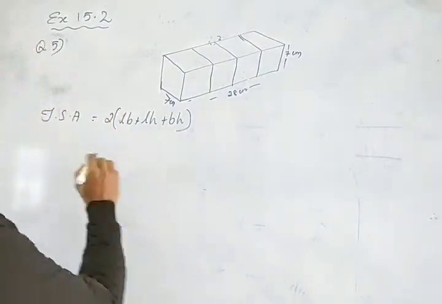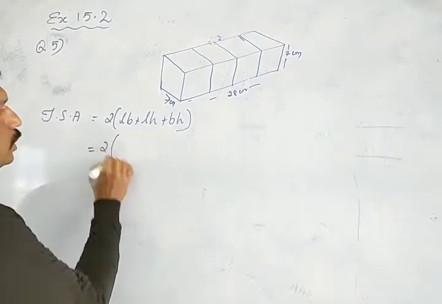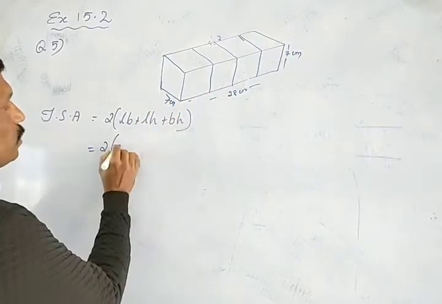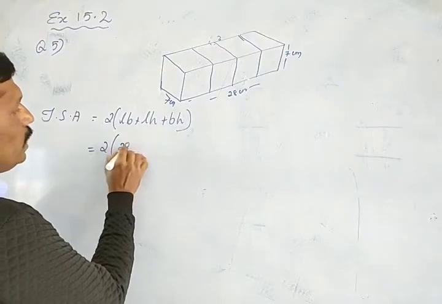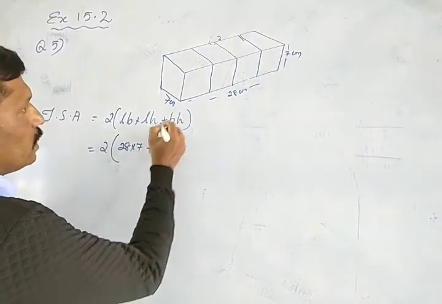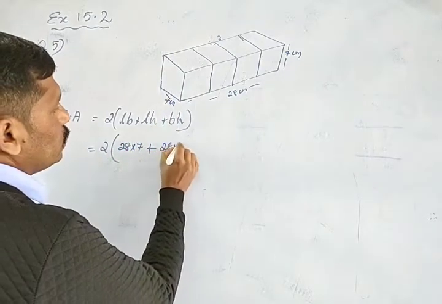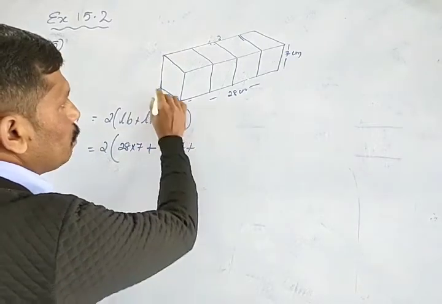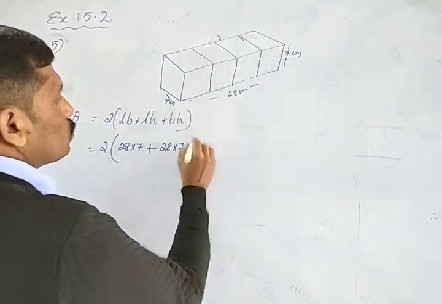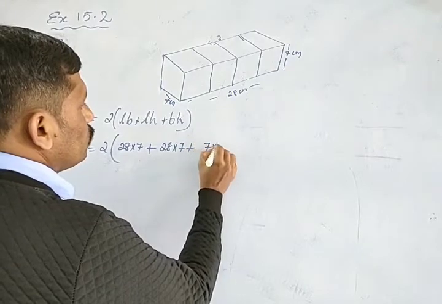Then we find out the total surface area: 2 into length into breadth, that is 28 into 7, plus LH, 28 into 7, plus BH, breadth is 7 and height is also 7, that is equal to 7 into 7.